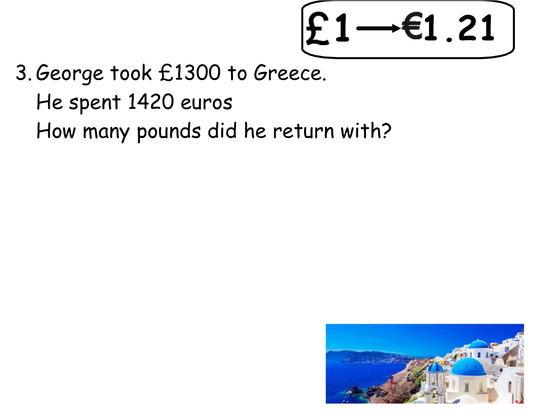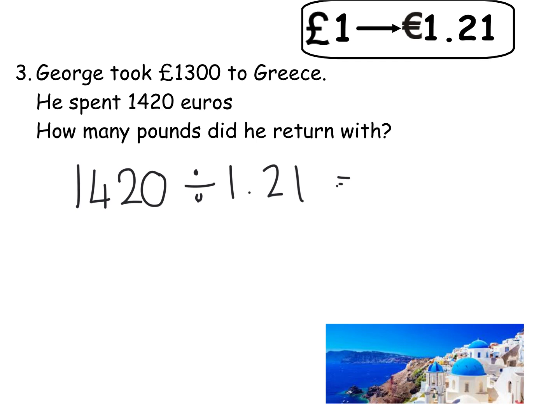That's 3 sums. I don't need to do that. Because I want everything back in pounds, I'm going to take the 1,420 euros and divide that by the exchange rate of 1.21. And that will tell me what he spent in pounds.